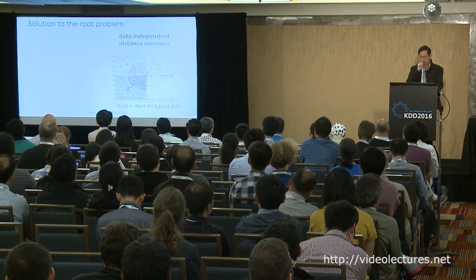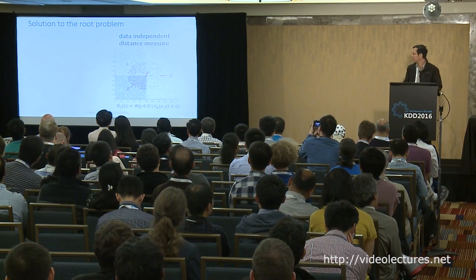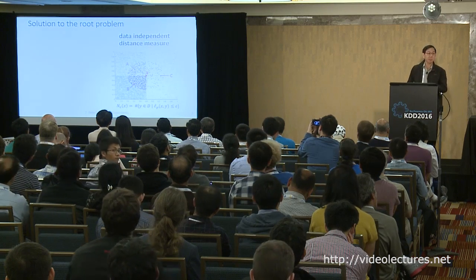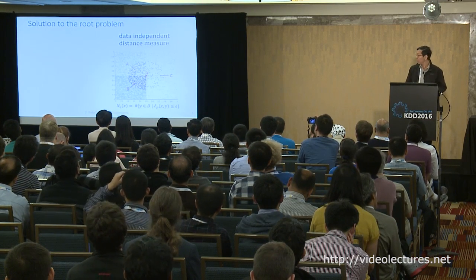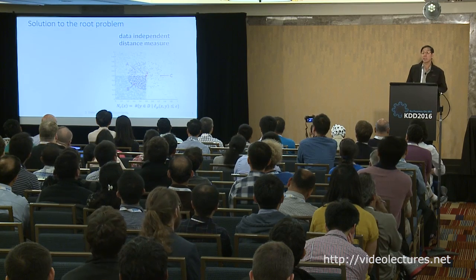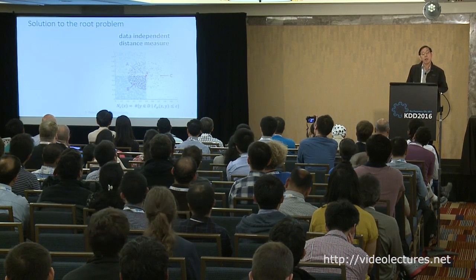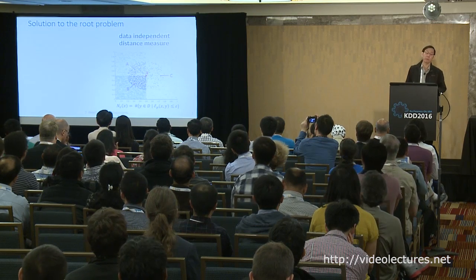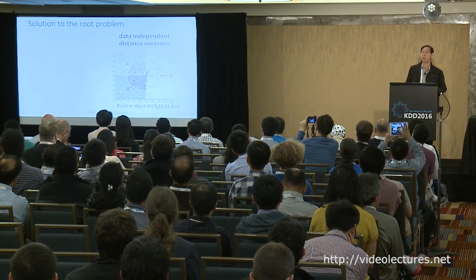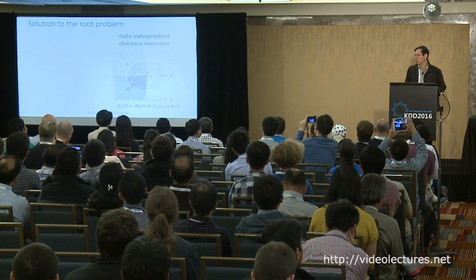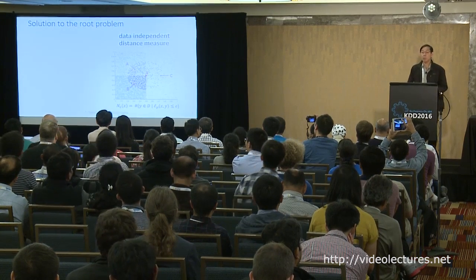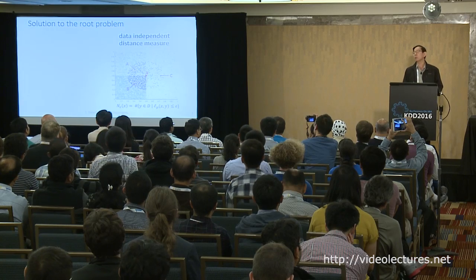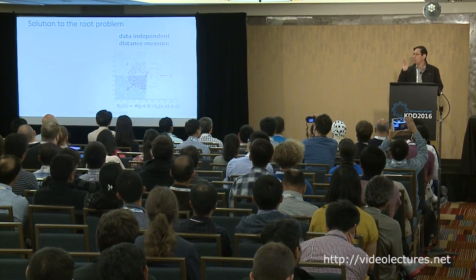Look at this example. This is a data-independent distance measure. What you see at the bottom is the typical epsilon neighborhood function people use to estimate the density of a point. A very important thing is that you have to fix the epsilon value.